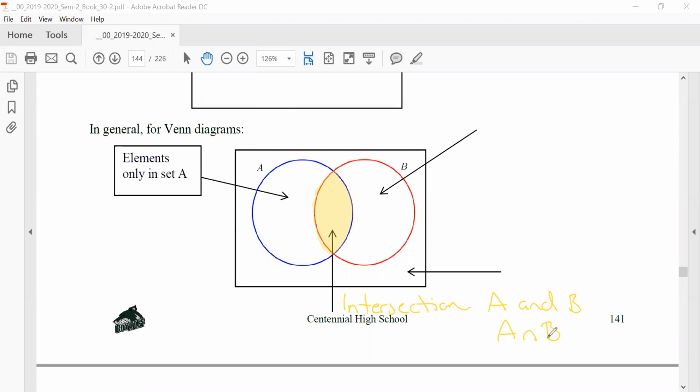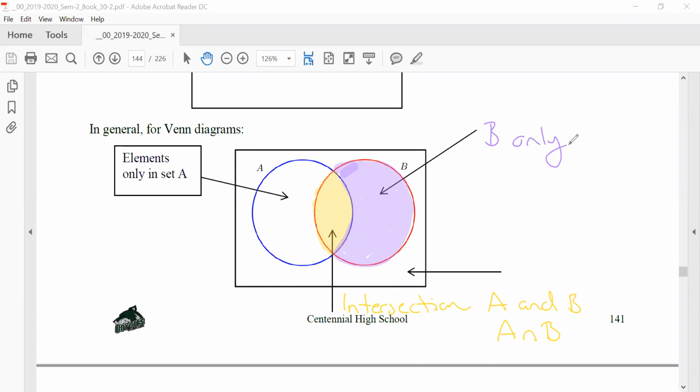Over here, I'm going to change my pen to pretty purple, and let's make it a little thicker again. This area over here that I'm highlighting in purple, everything that's in there, that right there, that is the purple section, is the elements in B only. Okay, that's B only.